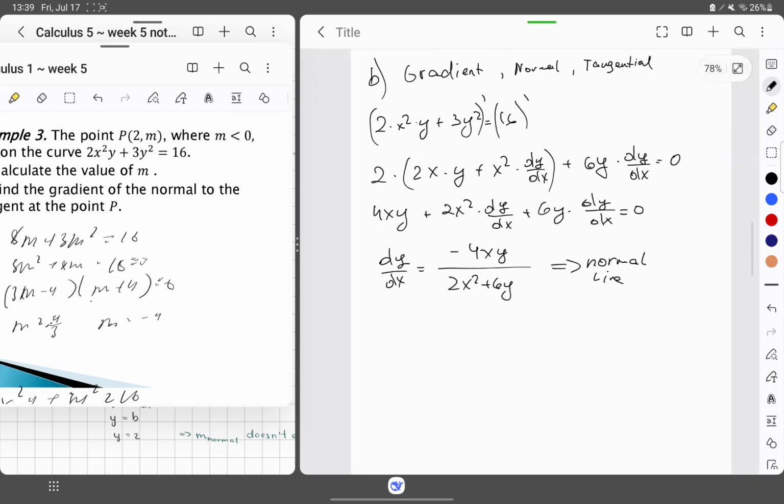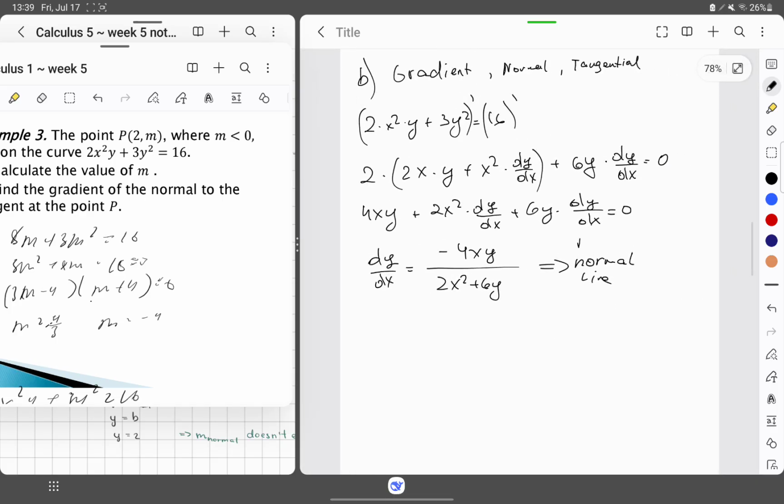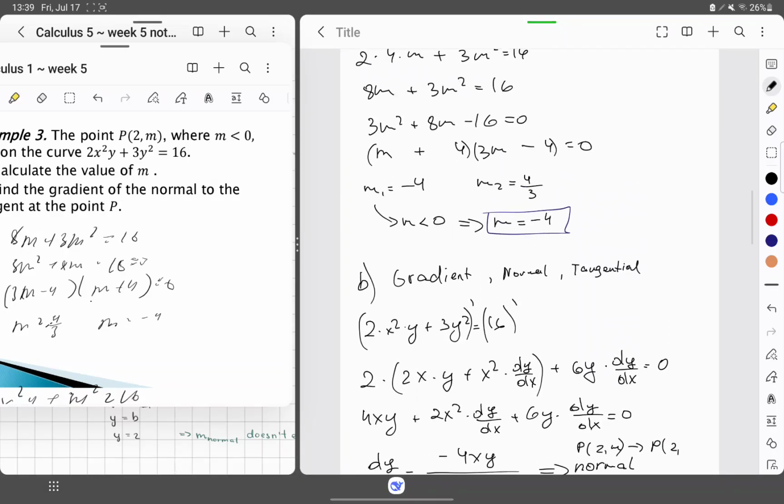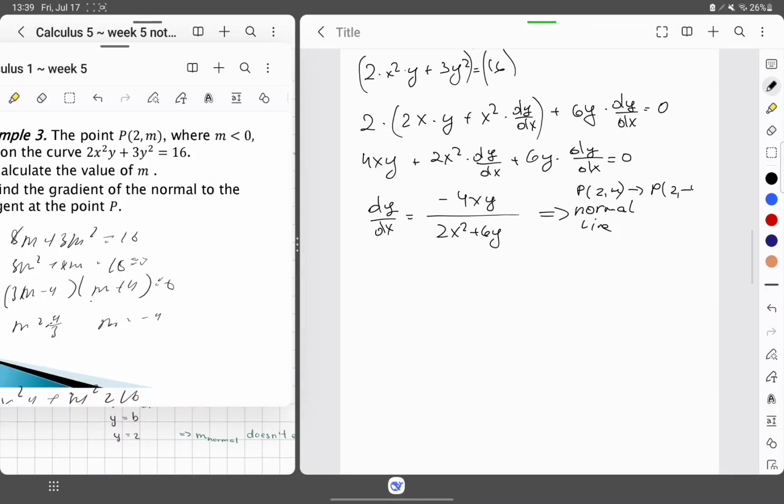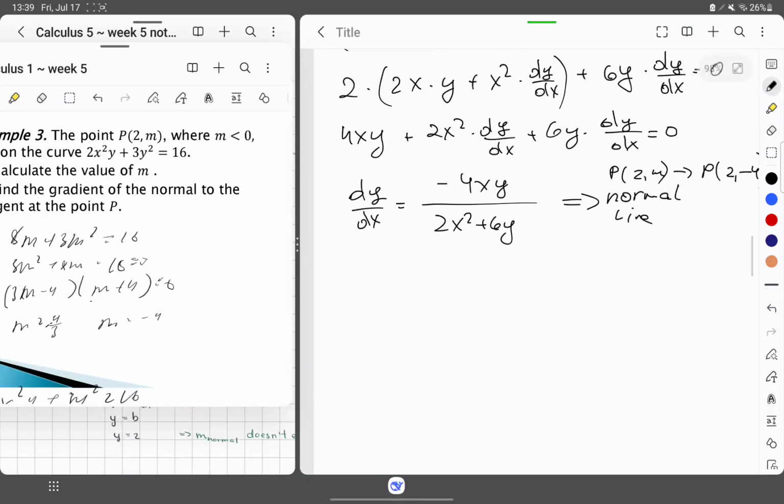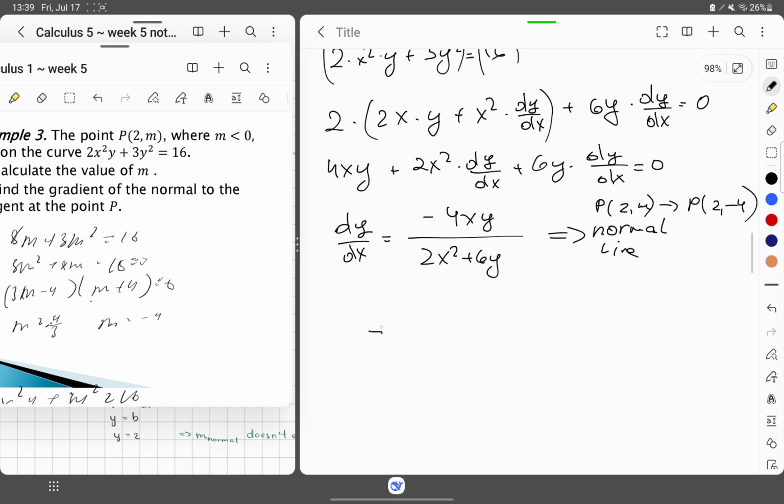If we plug in 2m and we found that our m is negative 4, we will get our normal line. Let's say that is our k.